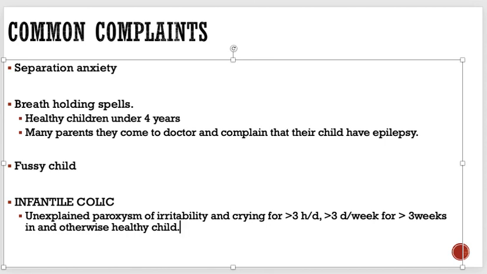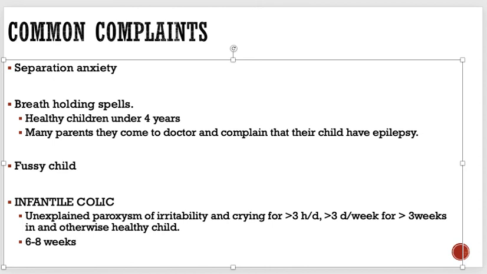Remember, when the child is feeding well, pooing well, playing well, the child doesn't have any problem. It is so common, up to 10% of infants show such a thing, and the peak time is around 6 to 8 weeks of life. The parents become completely worried about what happened to their child, who cries for more than 3 hours and is very hard to soothe.